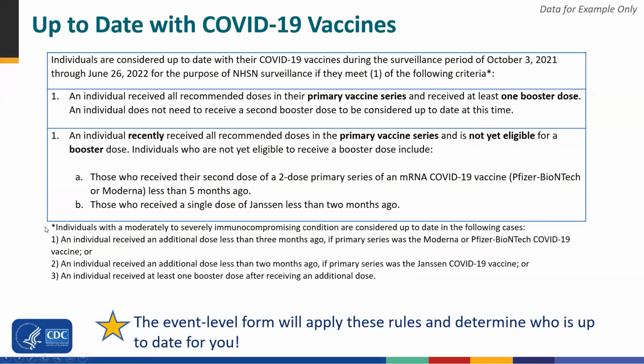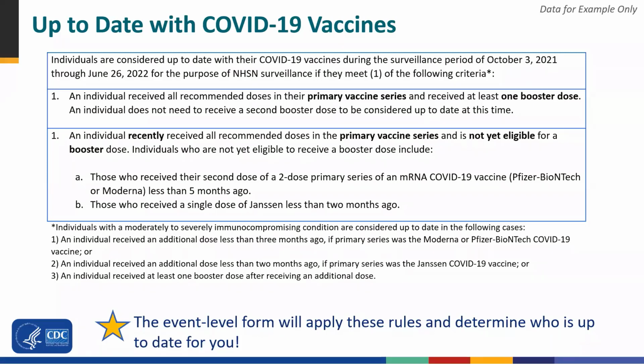And then lastly, underneath this table, you'll see there's a third set of scenarios. And these scenarios apply to individuals who have a moderately to severely immunocompromising condition. And in general, we don't expect you to actually know this information. So this is really only provided here in case you do happen to know the individual's immunocompromised status.